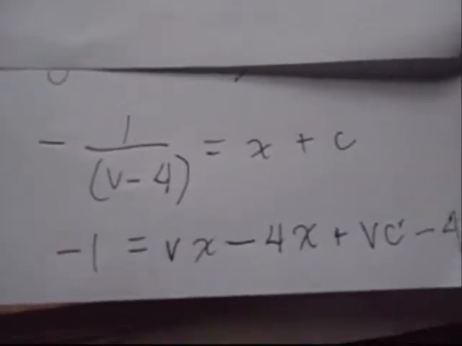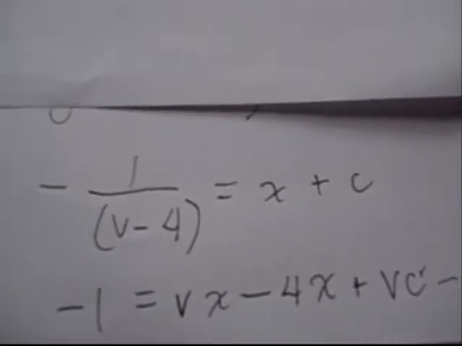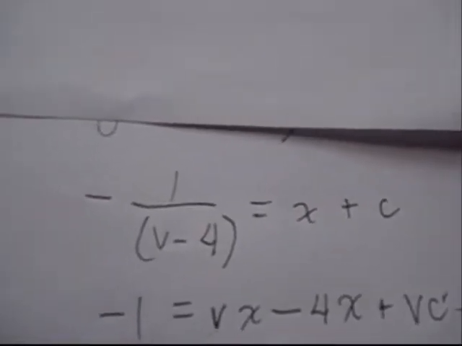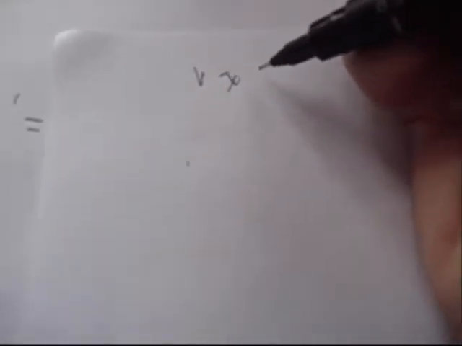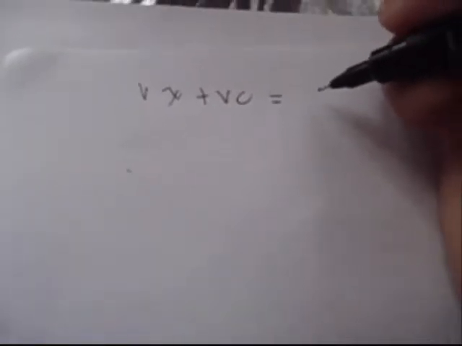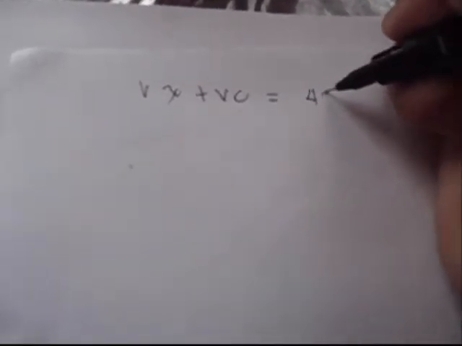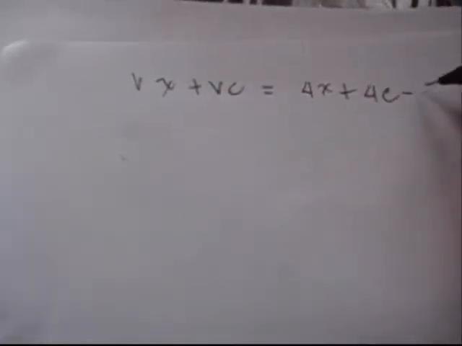From this we will separate like terms, those with v. Transferring terms to the other side and factoring v out, we get vx plus vc is equal to 4x plus 4c minus 1.